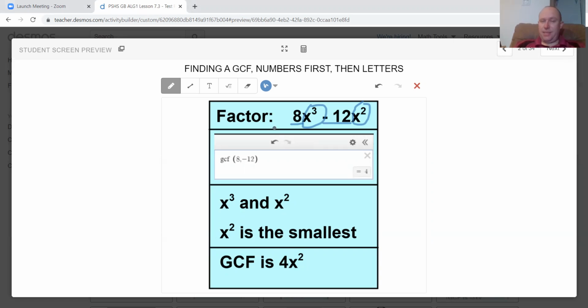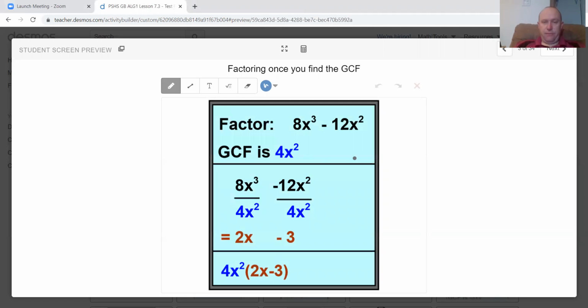Now, as the question actually says factor, not just GCF, what we're trying to do is figure out what two things multiply together to make this. So once we've found one of the factors, the GCF, we take the question and then divide by that GCF. So I've taken each term, divided it by 4x squared, and then I'm going to do numbers first, letters second. So 8 divided by 4 is 2. When I'm dividing with exponents, I subtract.